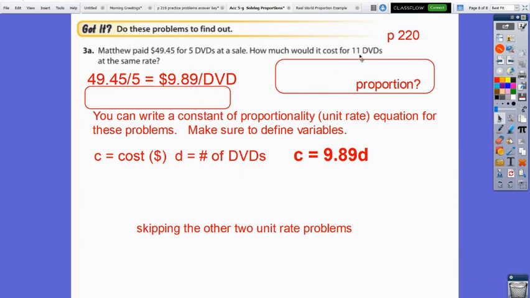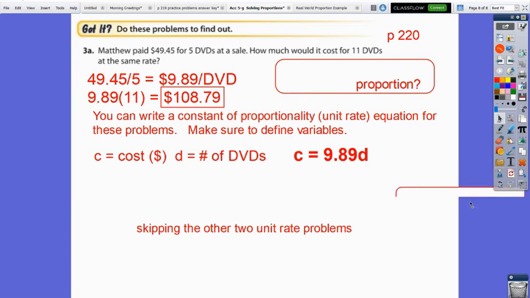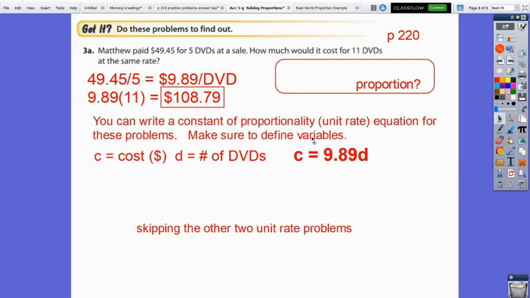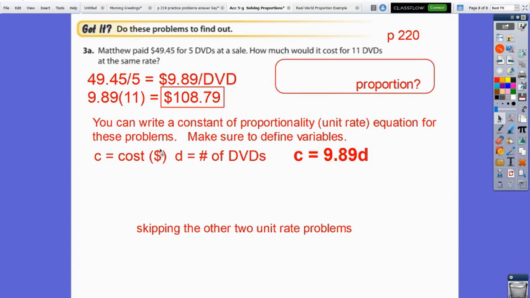So how much for 11 then? Just multiply 9.89 times 11 to get $108.79. Again, if you wanted to write an equation for this problem, define your two variables, the two changing quantities, cost in dollars and the number of DVDs, and write your equation.